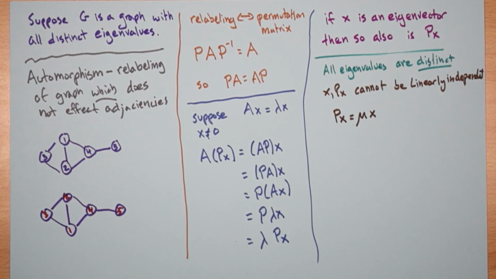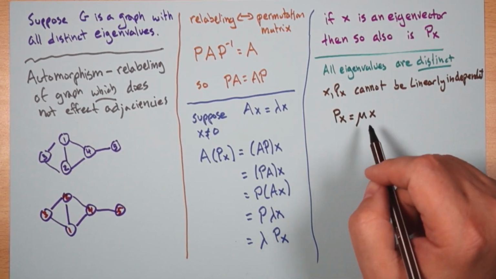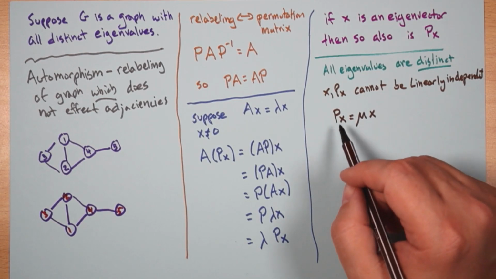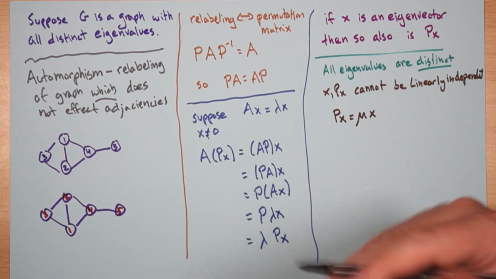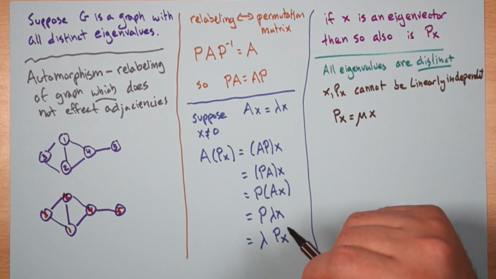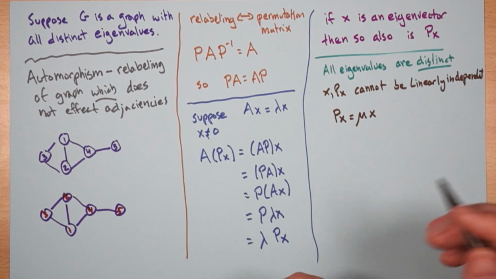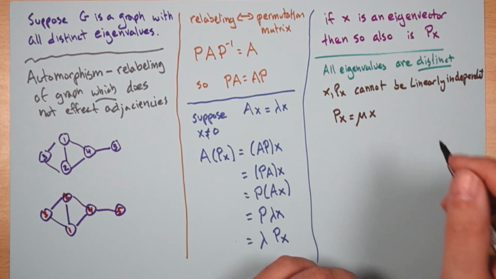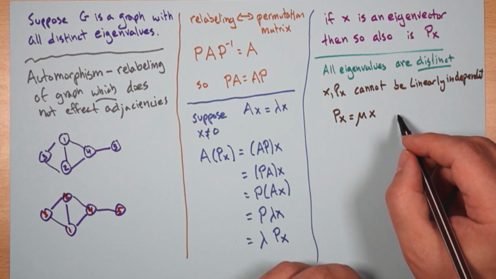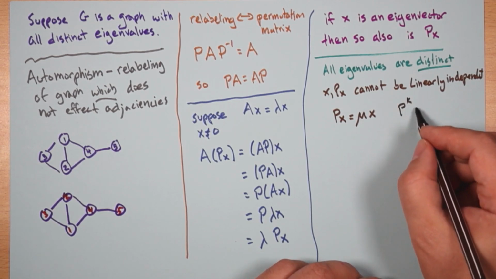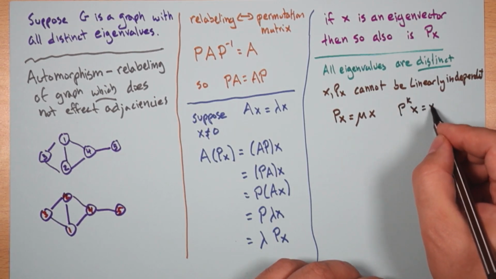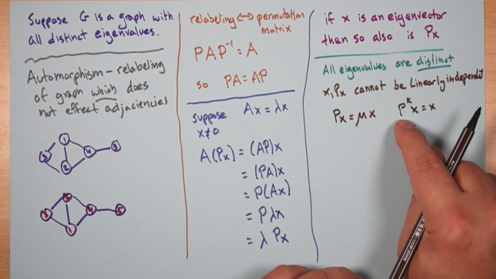Now, what can mu be? Well, it's not too hard to figure out. P is a permutation matrix, and there's a lovely fact that says if you keep doing the same permutation over and over again, eventually you have to get back to where you started. Card tricks use this, for example. And so what we know is that P to the k times x has to equal x, where k is the order of the permutation.